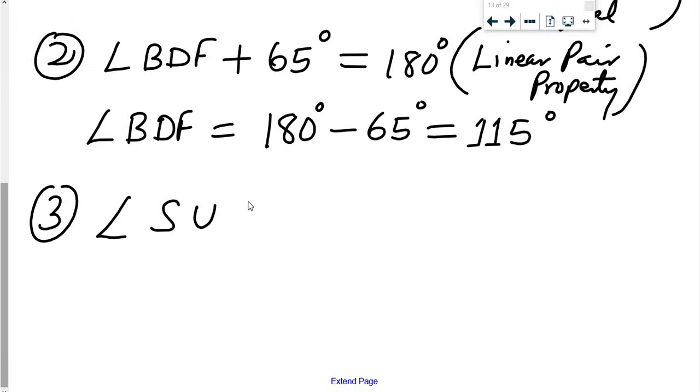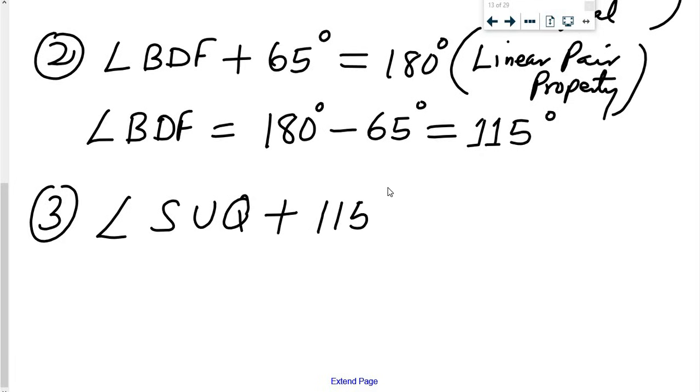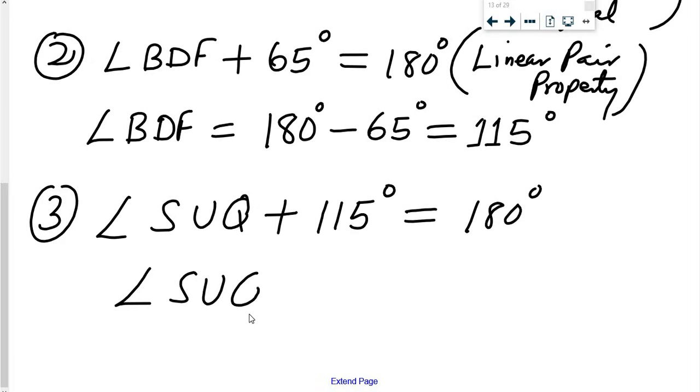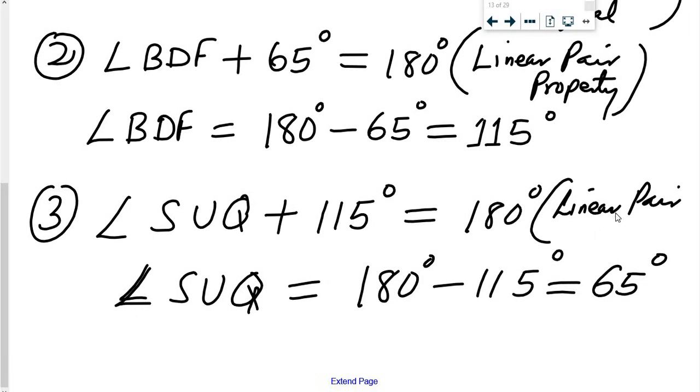So angle SUQ plus 115, answer will be 180 degrees. So angle SUQ will be equal to big number, which is 180 minus 115. When you subtract these two numbers, also you're going to get 65 degrees. So that is your angle SUQ, 65 degrees. And the property we call here is linear pair property.